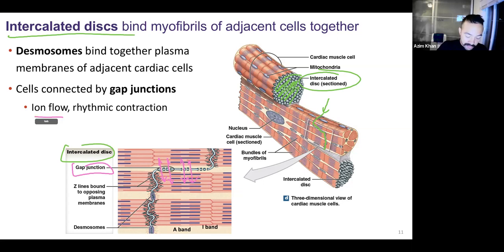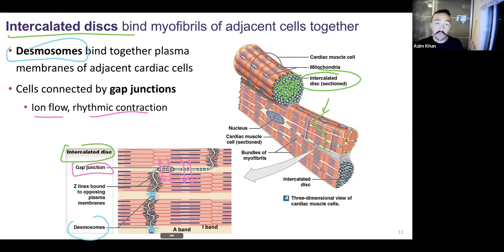By having ion flow, you can get rhythmic contraction because electricity leads to physical contraction. We also have desmosomes, and desmosomes tightly link cells together so that when one cell moves, it's going to pull the other cell with it. Both gap junctions and desmosomes ensure that there is rhythmicity, both electrical rhythmicity and physical rhythmicity, when these muscles contract.